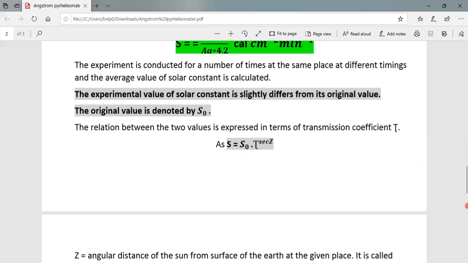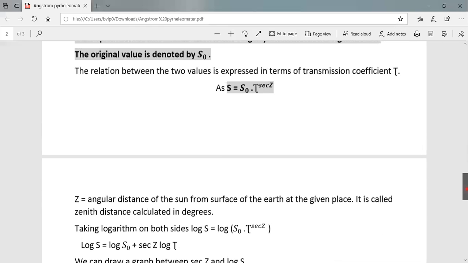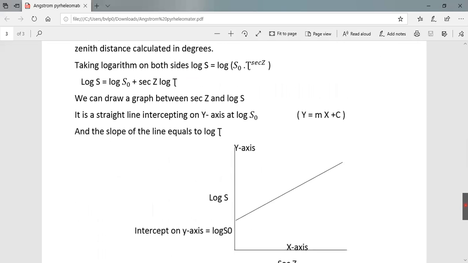If you take the logarithm on both sides, log S equals log S0 plus secant z log tau. This is in the form of y equals mx plus c. So like that you will have an equation which represents the straight line. So the S0 value is calculated from the graph.